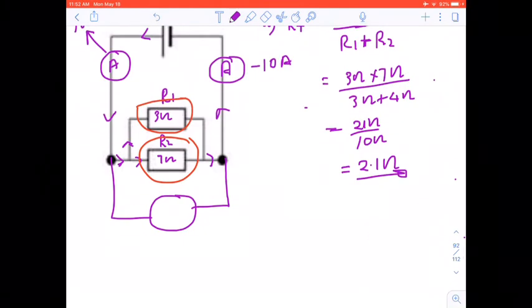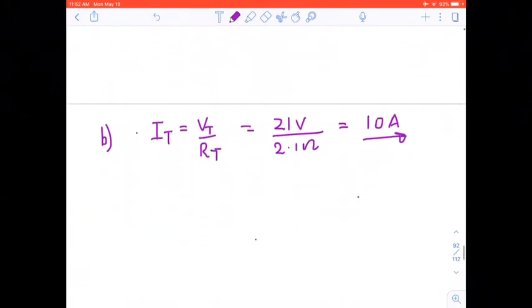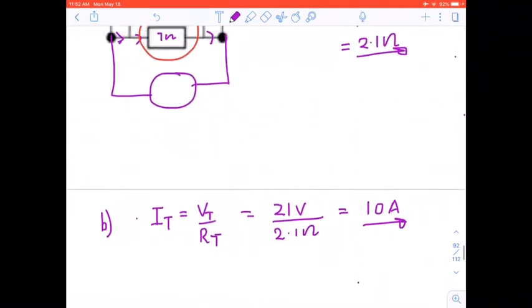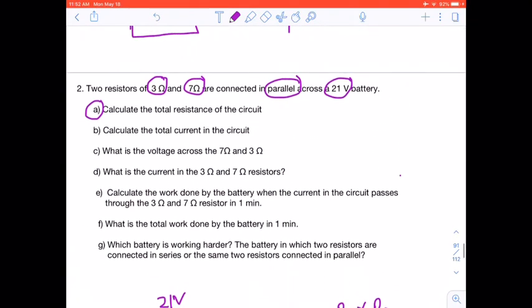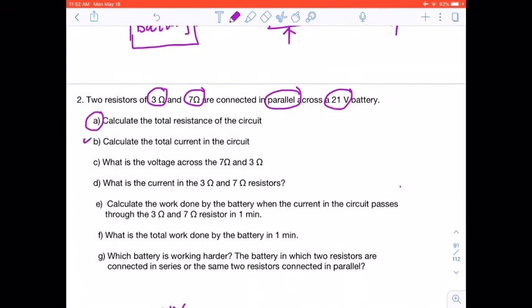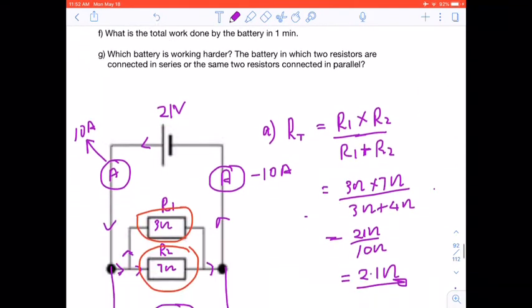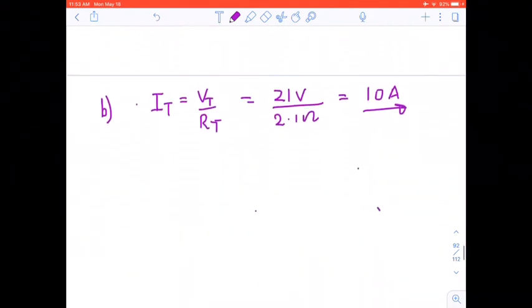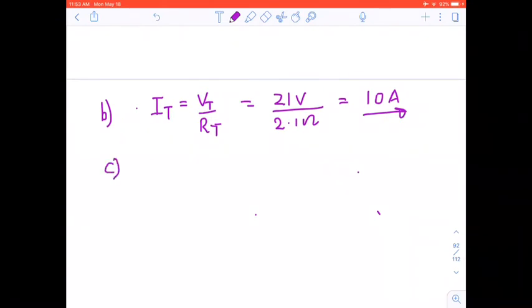Correct? So we've got that, and now what's our next question? Our next question says, what is the voltage across the 7 ohm and 3 ohm resistor? So we know the voltage across the 7 and the 3 is like the voltage across a parallel branch, and the voltage across a parallel branch is 21 volts.